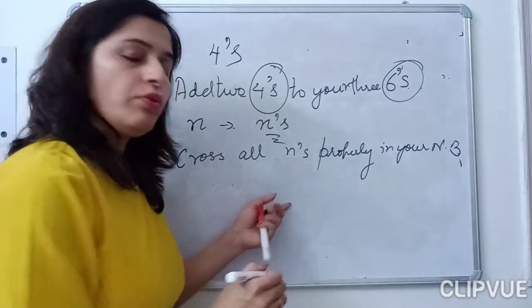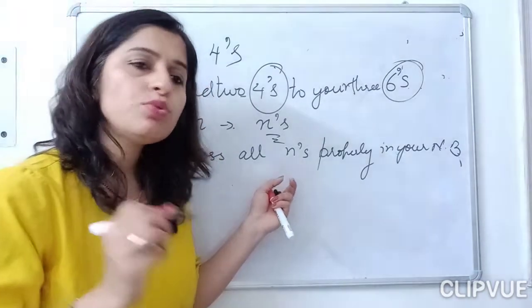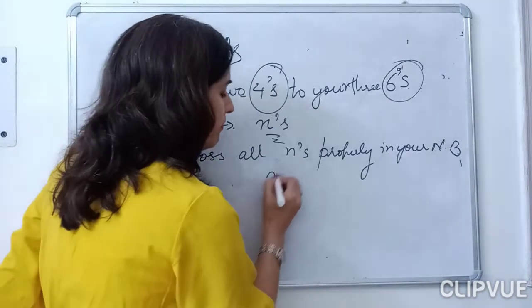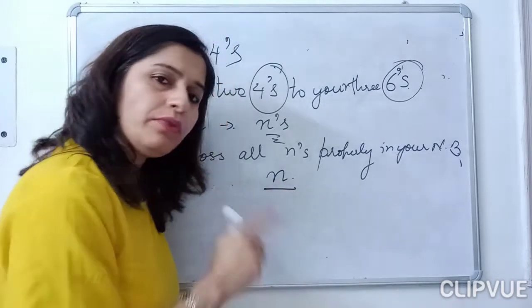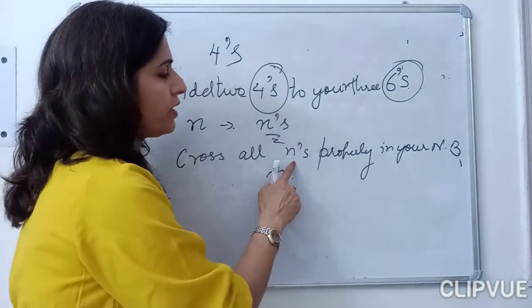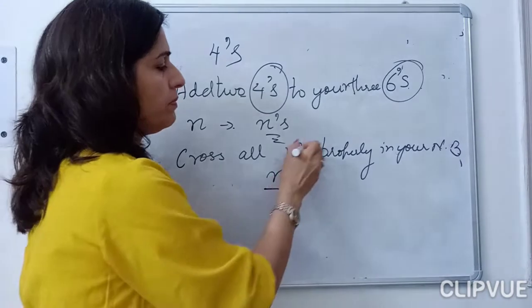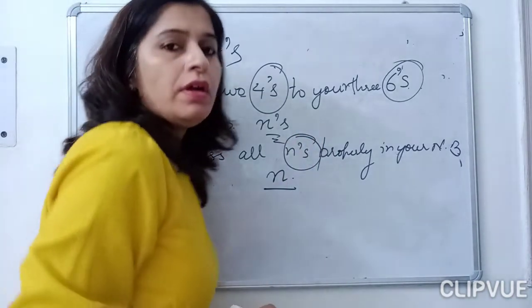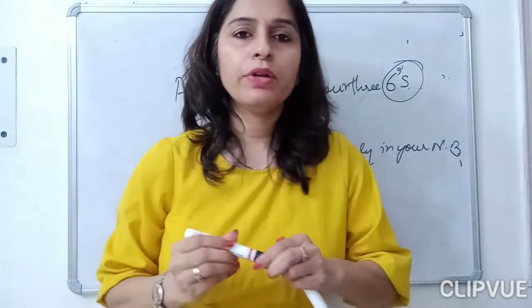You need to learn how to write letter N. This I am talking about singular, but when I write it like this, it will be the plural, children. So I hope, children, I have cleared you till here.